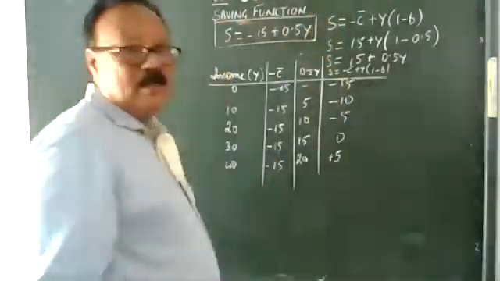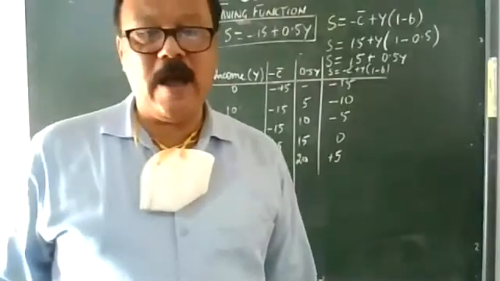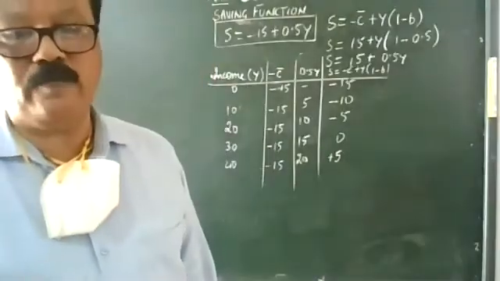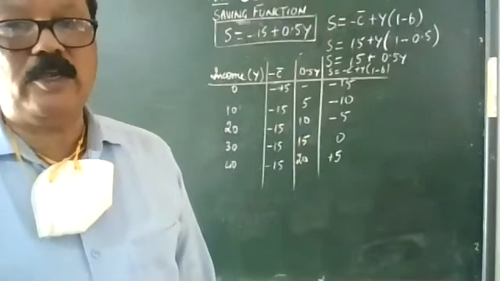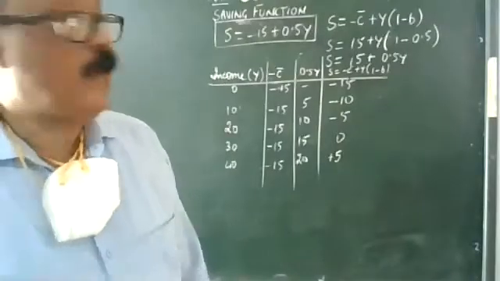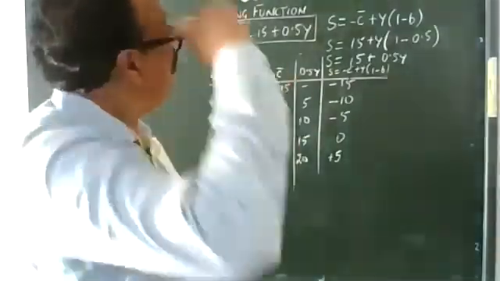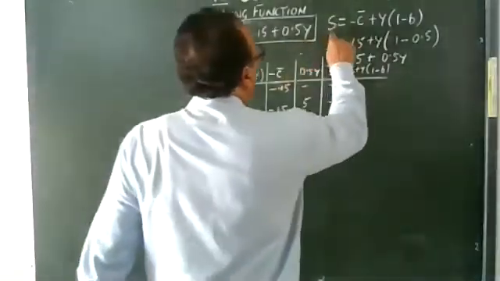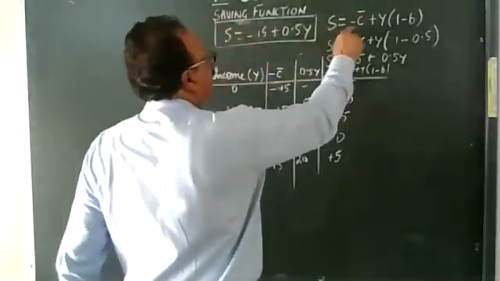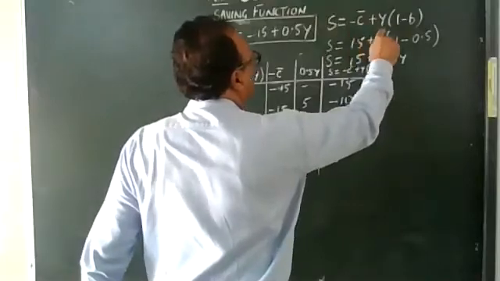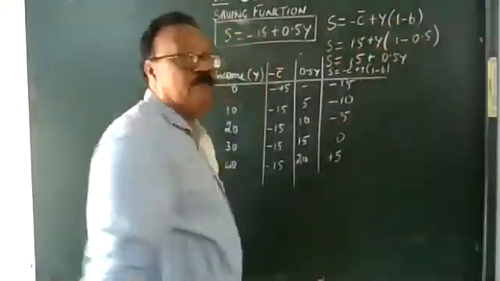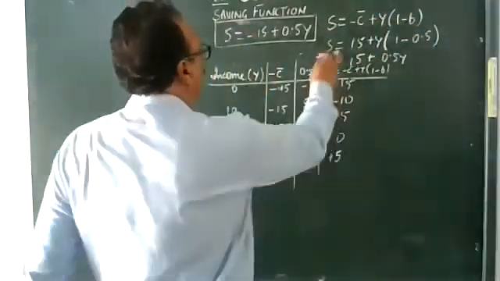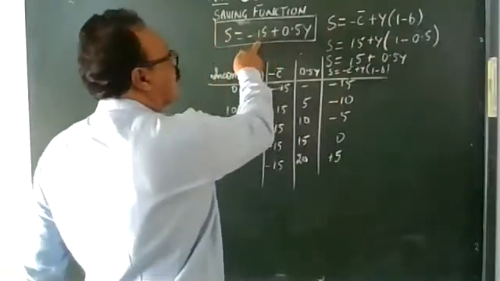Consider a saving function given by S is equal to minus 15 plus 0.5Y. Then what do we see? We know that the saving function is written as S is equal to minus C bar plus Y into 1 minus b. This is the formula. Now, in this formula, we will substitute the value which is given.